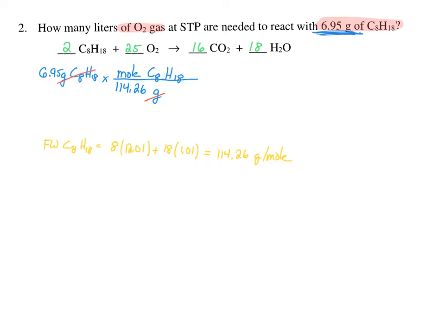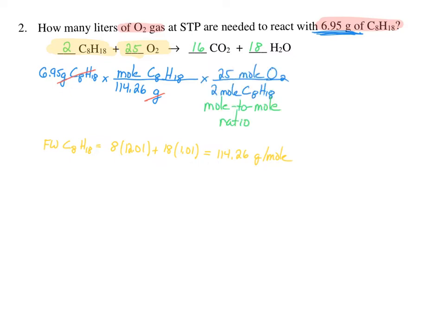We go back to the statement of the question and we see that we're going to be relating O2 gas to octane. So we're looking at O2 gas with its coefficient and octane with its coefficient. And we set up a mole-to-mole ratio so that we cancel moles octane and we end up with moles of oxygen.